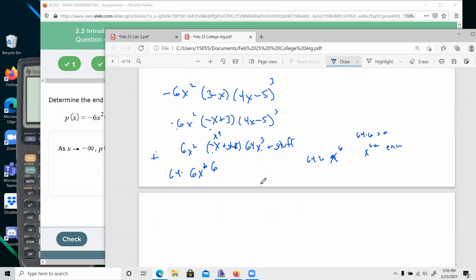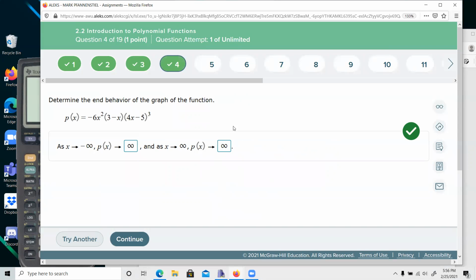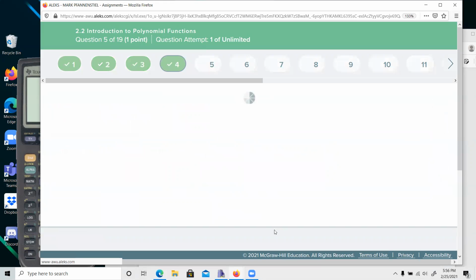So even though it's trying to trick us, we know that this looks like a parabola with positive coefficient. So it's going to look something like this. Again, there'll be some wiggles, but this is the basic shape we're looking at. So P of x is tending toward infinity. As x tends toward positive infinity, we are still tending toward positive infinity. So that's our deal there.